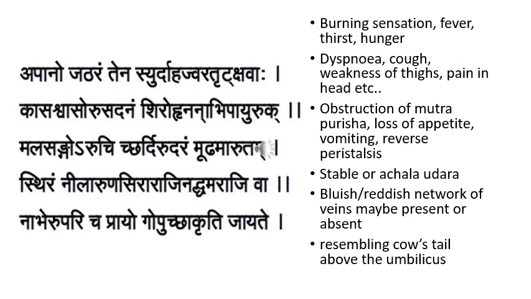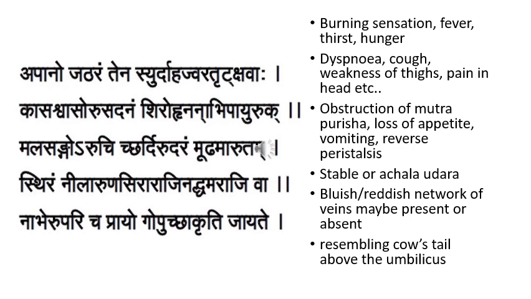Then Urusadana, that is weakness of the limbs. Then pain in the Shira, Hrid, Nabhi and Payu Pradesha. Then Malasanga, meaning obstruction of Mutra and Purisha. Aruchi, loss of appetite. Chardi, vomiting, and Udavarta, reverse peristalsis.